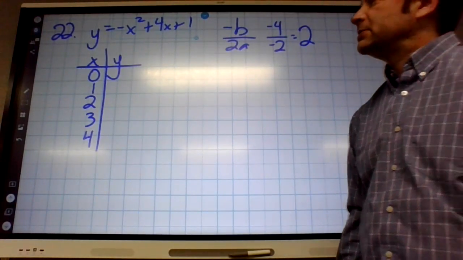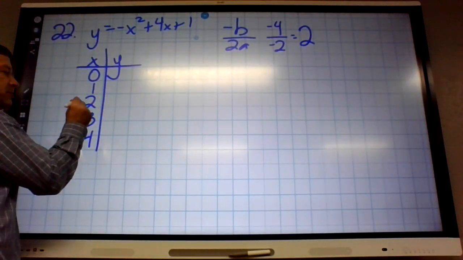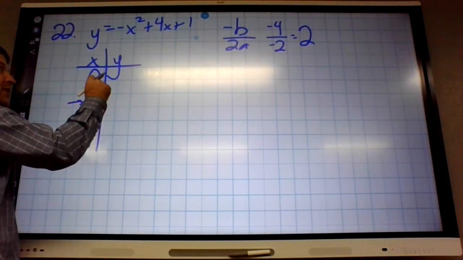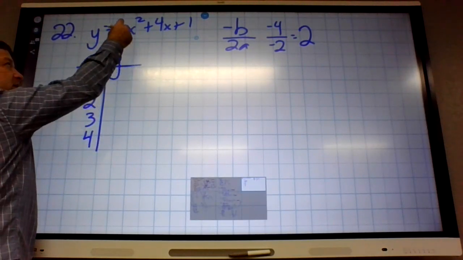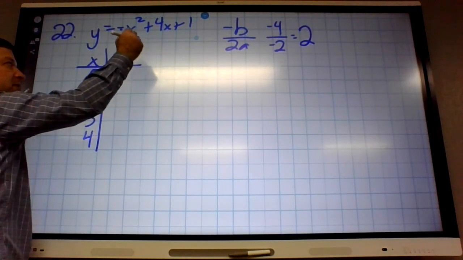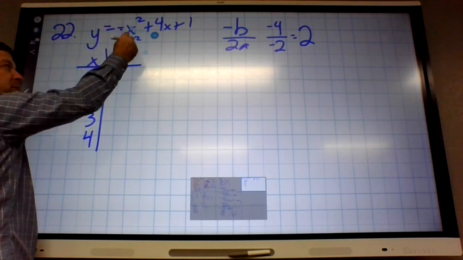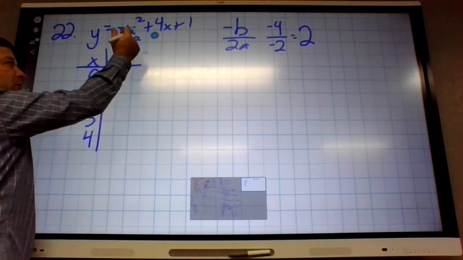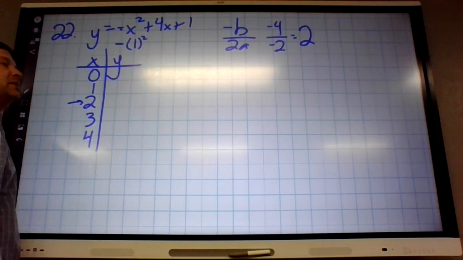Okay. When we go to plug in 1, whatever this is, when we plug in a 1 for x squared, is that negative supposed to be squared? Would this be right? Yes. The negative is not supposed to be squared. You could put parentheses around the 1, but you wouldn't have to.